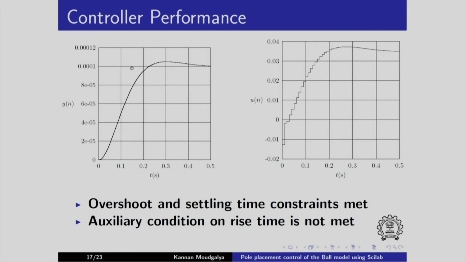That is, we obtained 1.5 times what we wanted. So we back calculate and say that if I want 0.15, perhaps I should specify the rise time as 0.1. So if we get 1.5 times that, we will get 0.15. So let us try reducing the required rise time.